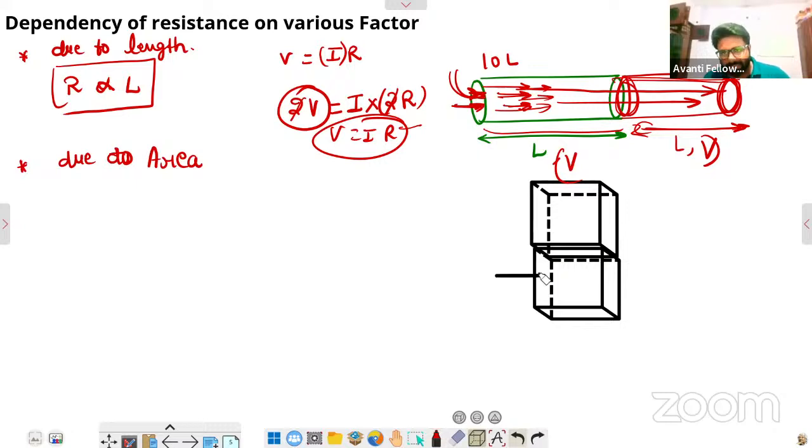So firstly, the current is flowing through this only. Okay, this is a particular area A, जिसमें current flow कर रहा है. Now we have attached double area, but we don't want to disturb the value of current. So ultimately, what we have to do? Half of the current will travel to this, half of the current will travel to this.